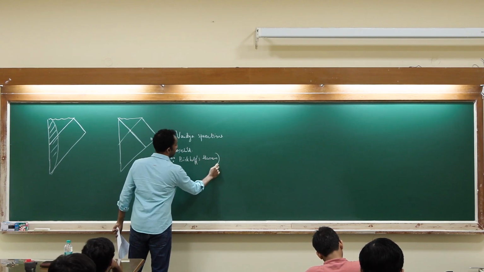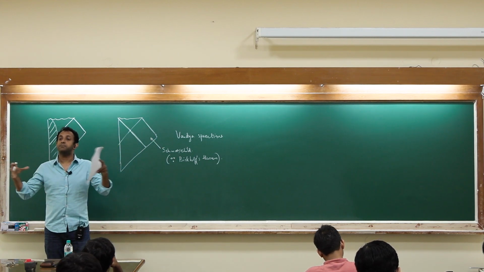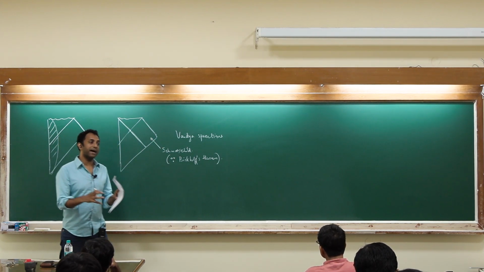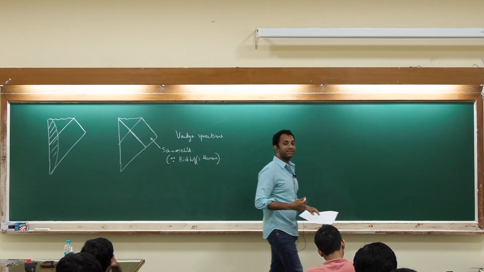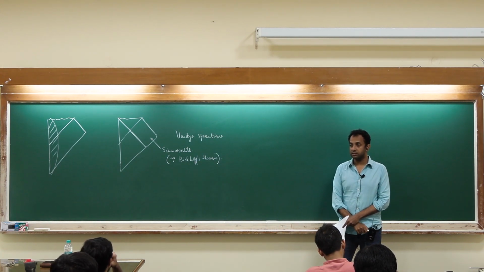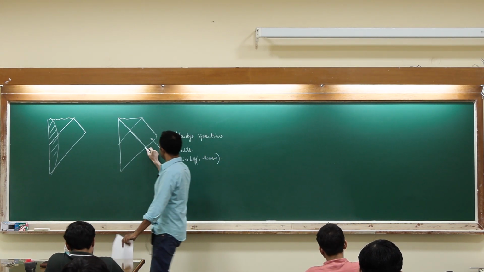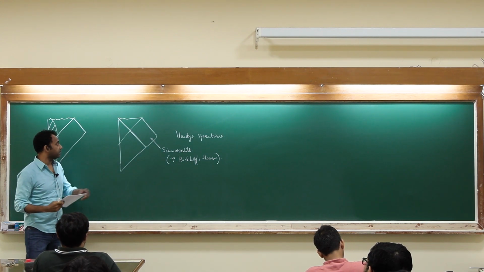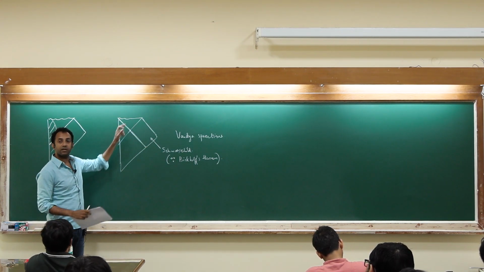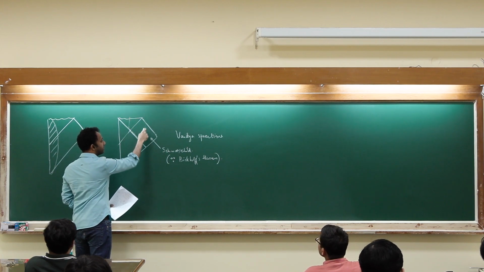It doesn't matter whether there are pulsations or movements of matter, as long as they are radially symmetric, the metric outside the matter is always Schwarzschild. So even if you have some shell falling in, as long as it is spherically symmetric, this entire region here is still conventional Schwarzschild.